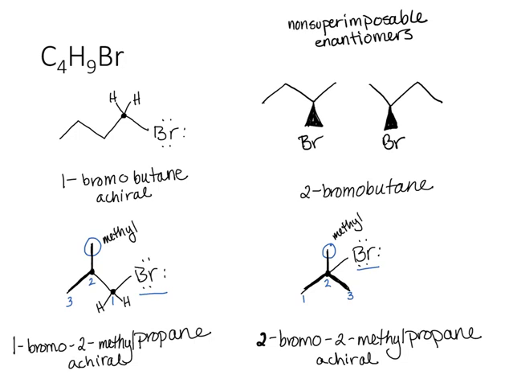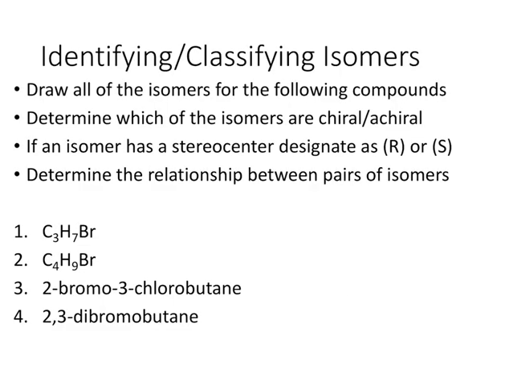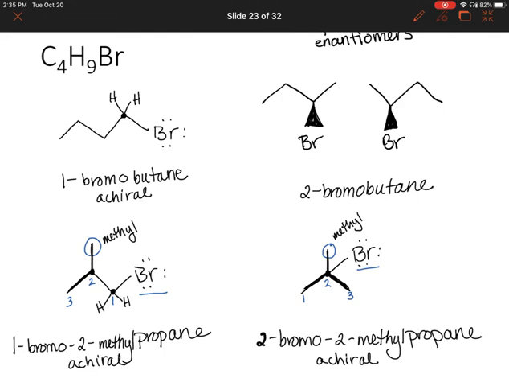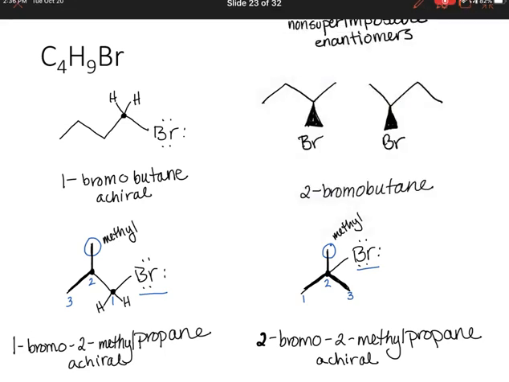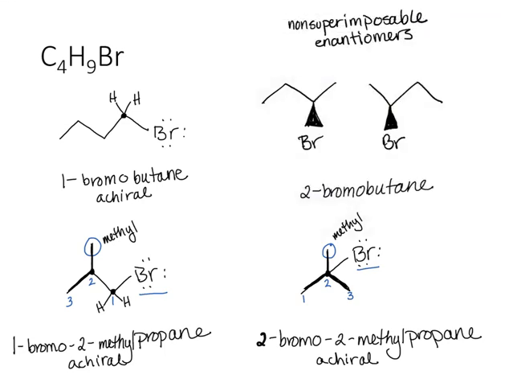All right, so let's start with the 2-bromobutane that's on the left, and let's assign R or S to it. So we have to prioritize our groups that are bonded to that stereocenter carbon. So that carbon is bonded to a bromine on the bottom, an ethyl group on the left, and a methyl group on the right.